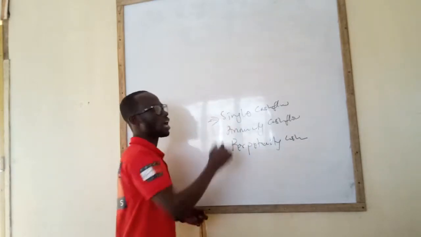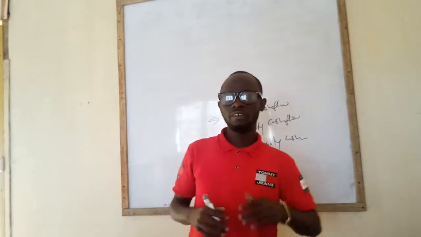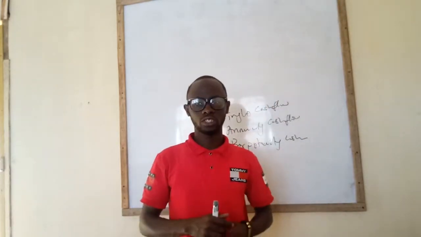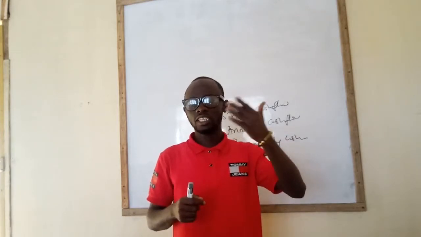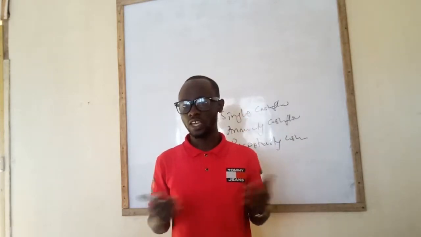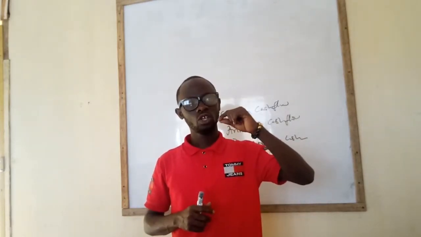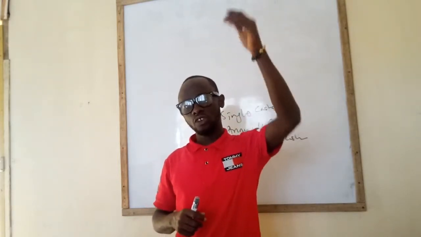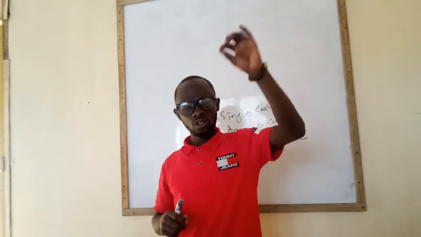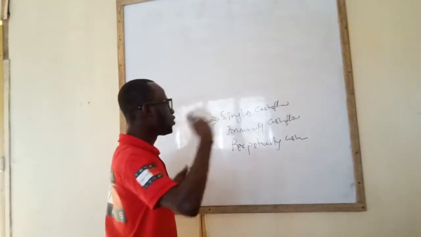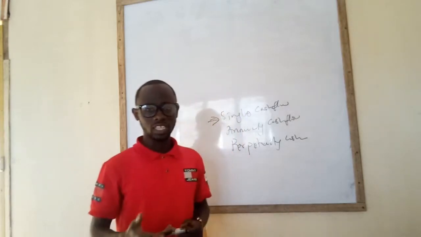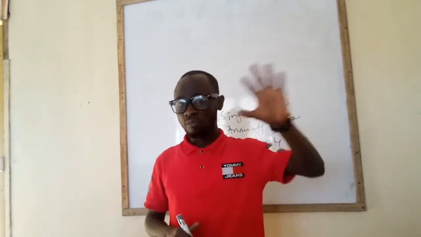Now the single cash flow is where there is a different amount of cash flow coming in during the life of the project. So for instance, let's say the project has a life of 5 years. In year 1, the inflow is 200, year 2 the inflow is 300, year 3 the inflow is 500. If the flows are different like that, then we're going to be using what? The single cash flow approach, where we're going to be discounting the cash flows at the present value.